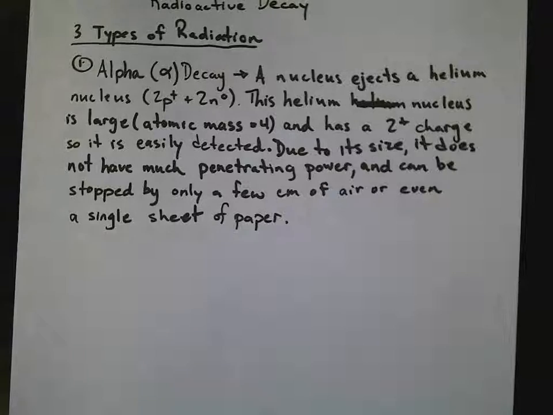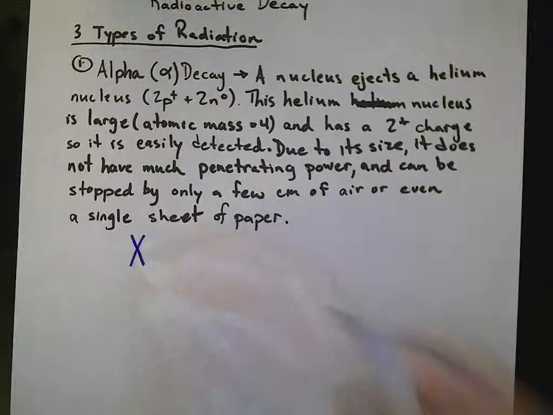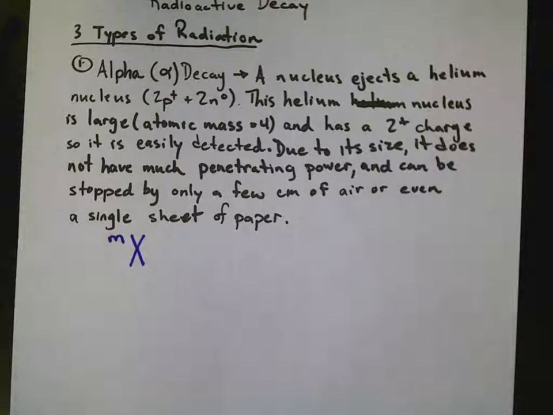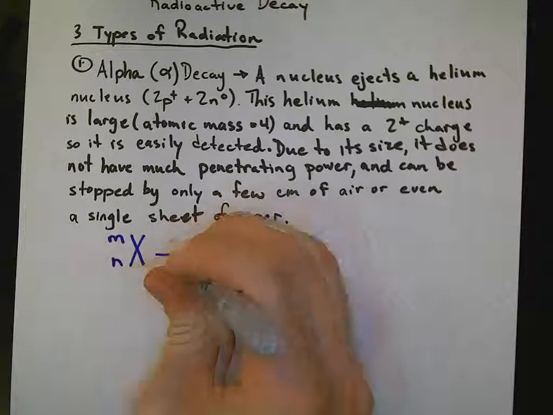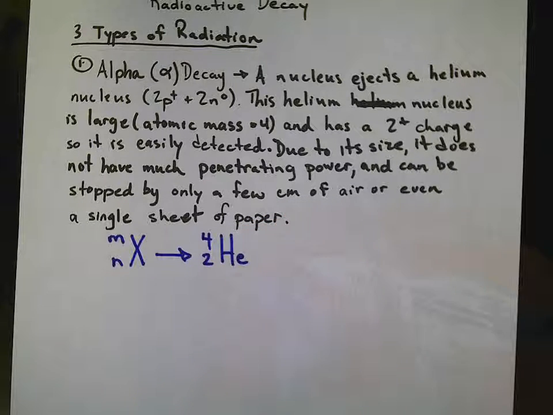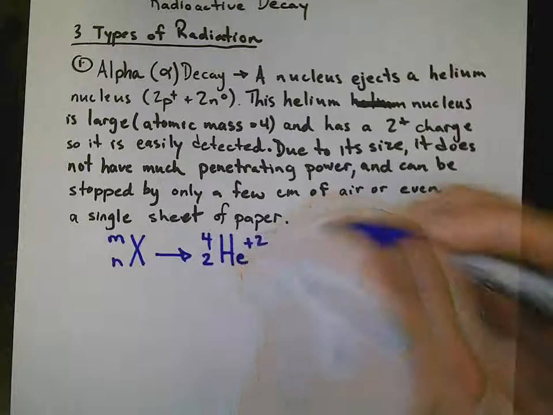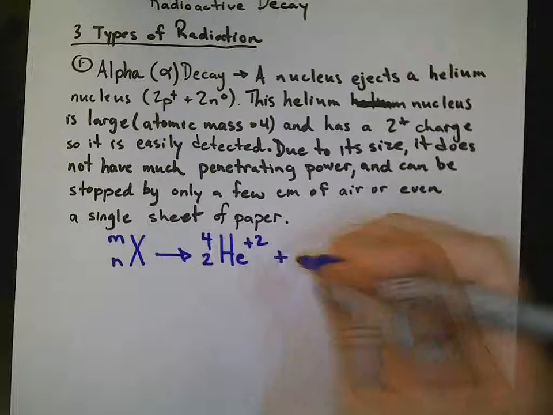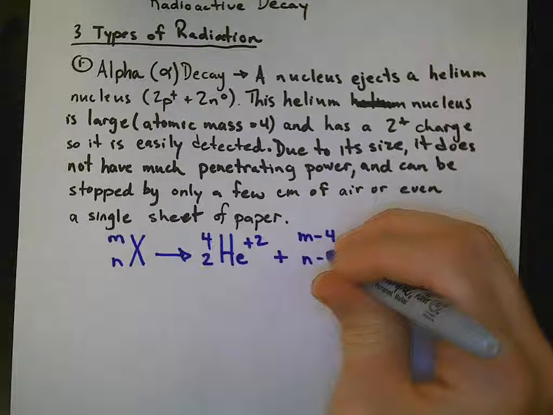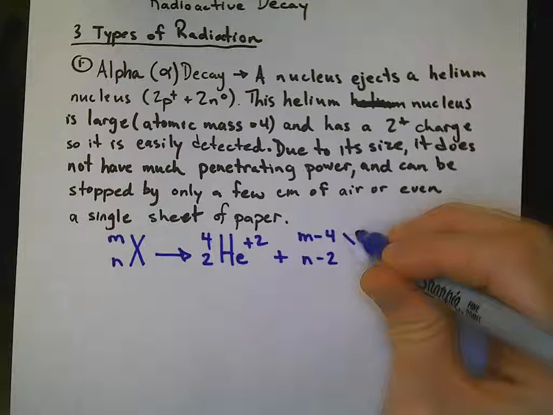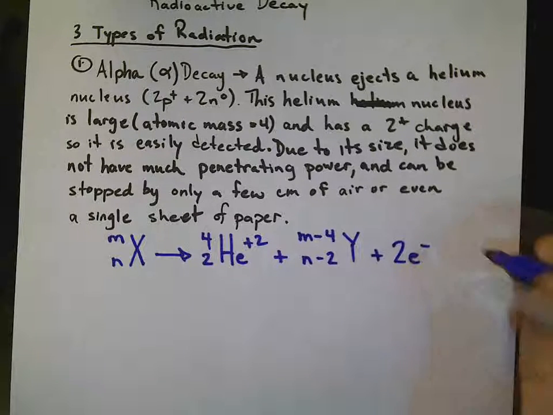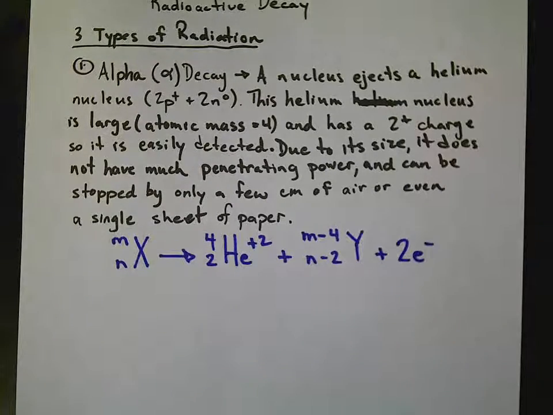And it is followed as our original nucleus with its atomic mass, atomic number, giving off a helium nucleus, which has a 2 positive charge, to give us our daughter atom, whose mass is going to decrease by 4, atomic number is going to decrease by 2, so we have some new daughter nucleus, and 2 electrons are given away as well to balance out our equation.